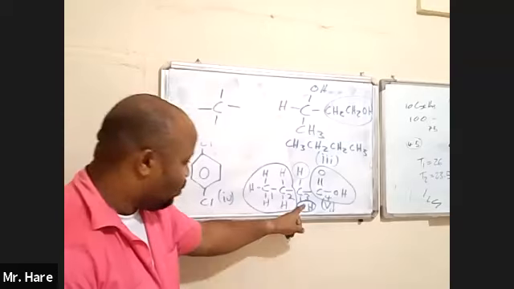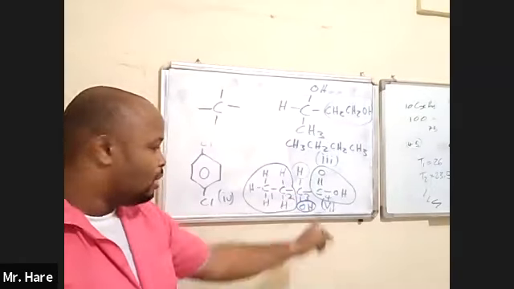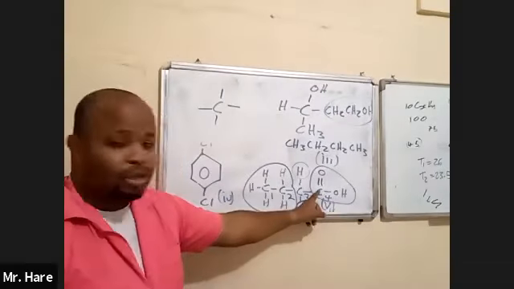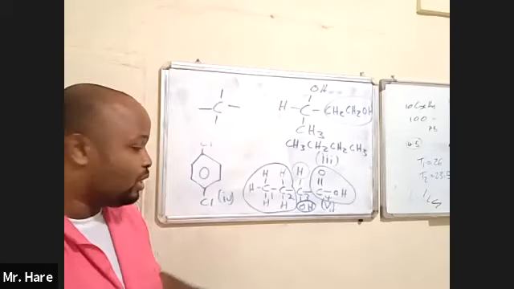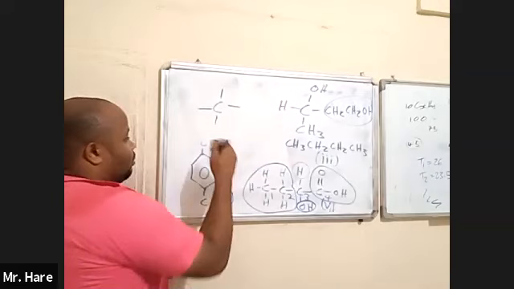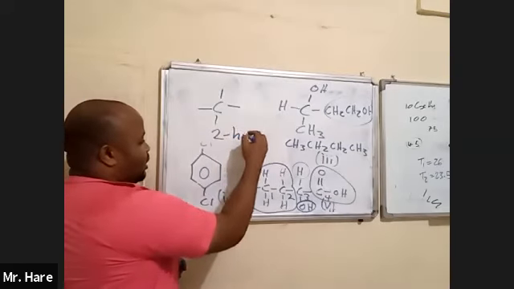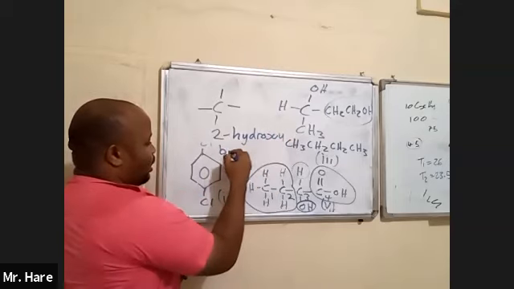And the OH is on carbon 2 because they count from the end closest to the functional group. So it is 2-hydroxybutanoic acid.